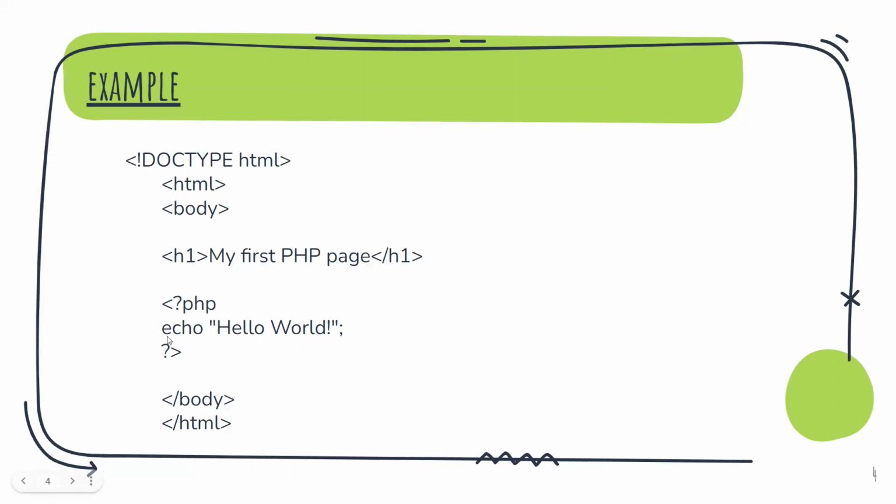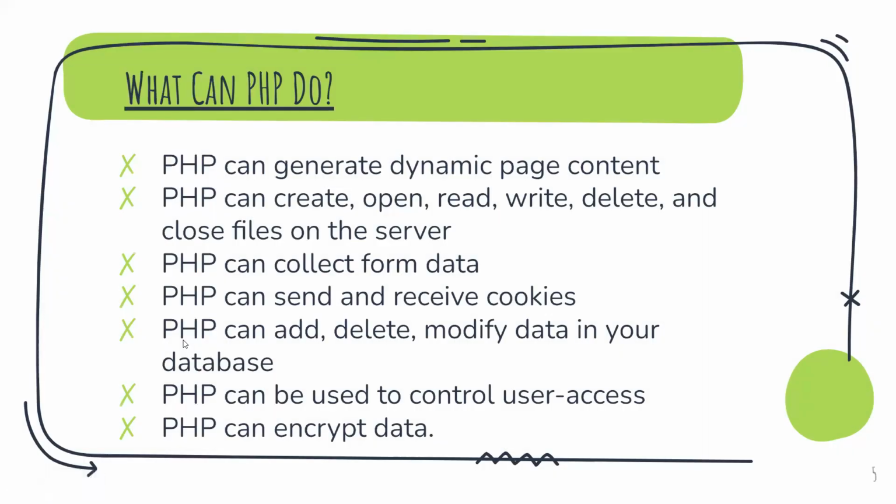We can embed PHP in an HTML file in this way. This whole thing is HTML, and we can embed our PHP code within the angle bracket question mark php, and all the code goes into this block.